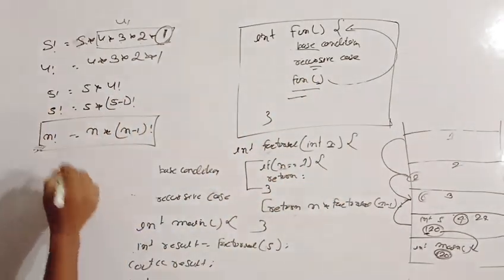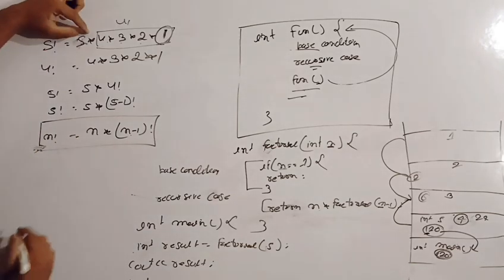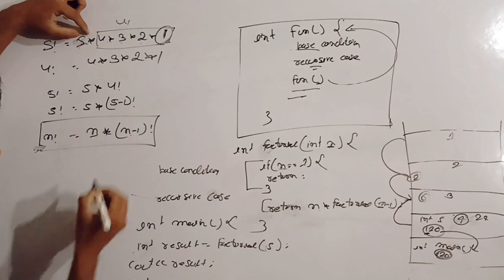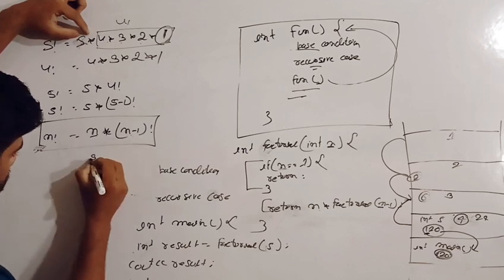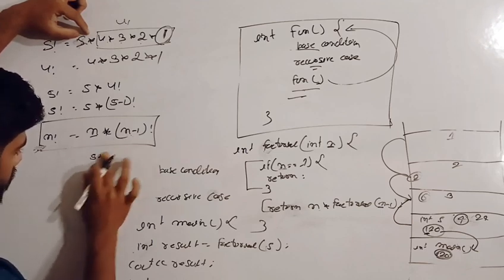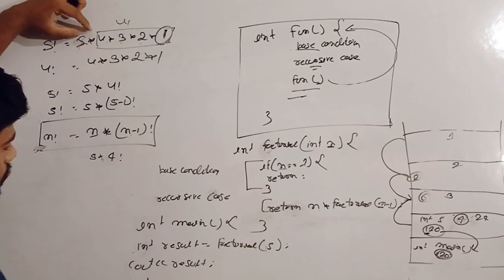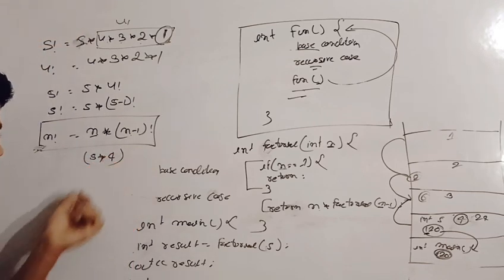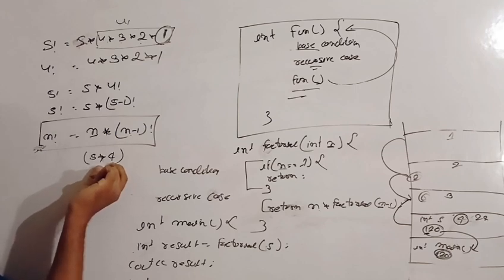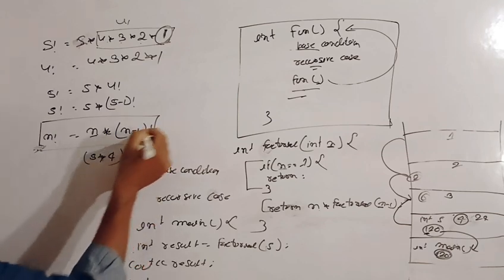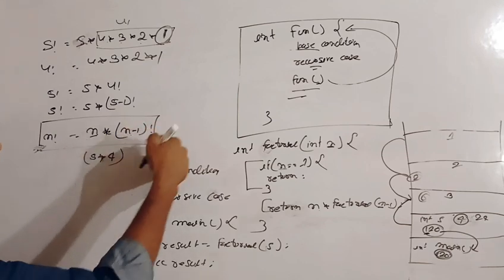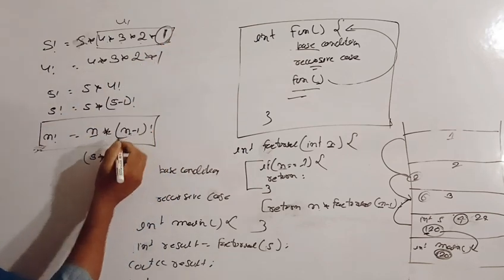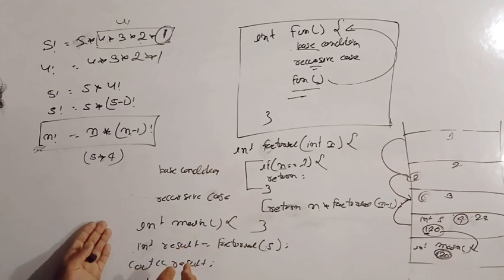Here we have solved only one part. Here n into n minus 1 means we only multiply 5 into 4, this is not the whole factorial, but this function will call itself again and again, reducing by 1 each time.